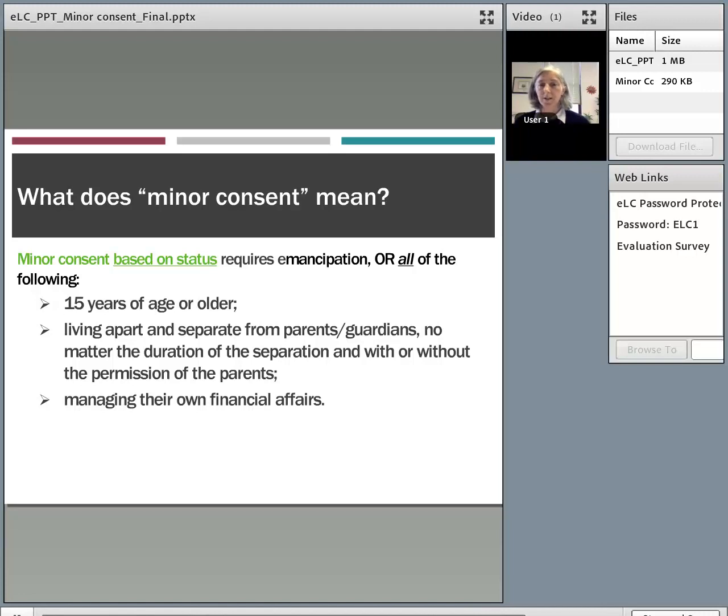But your clinic may choose to adopt some sort of policy or procedure in conjunction with your legal counsel to manage risk and confirm that someone meets this. That may be as simple as having them fill out that questionnaire and signing it under penalty of perjury, but again, it's up to your clinic and working with your legal counsel to make that kind of decision.